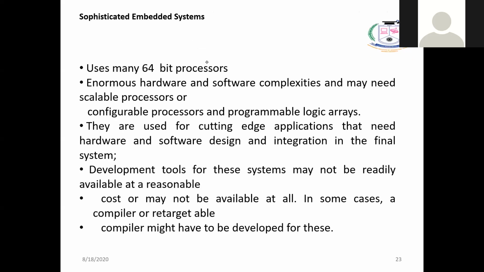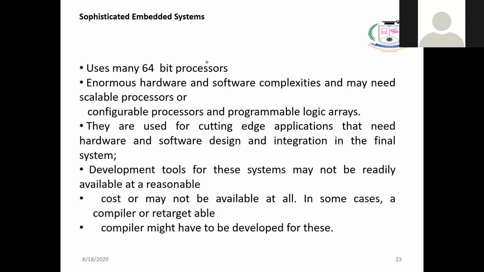So again, we have to co-design our software. Then this is the sophisticated embedded system. Again, as I told you, it is a 64-bit processor. If you are using more than 64-bit, we will go for sophisticated, and a compiler will definitely be needed. The cost will obviously be very high.